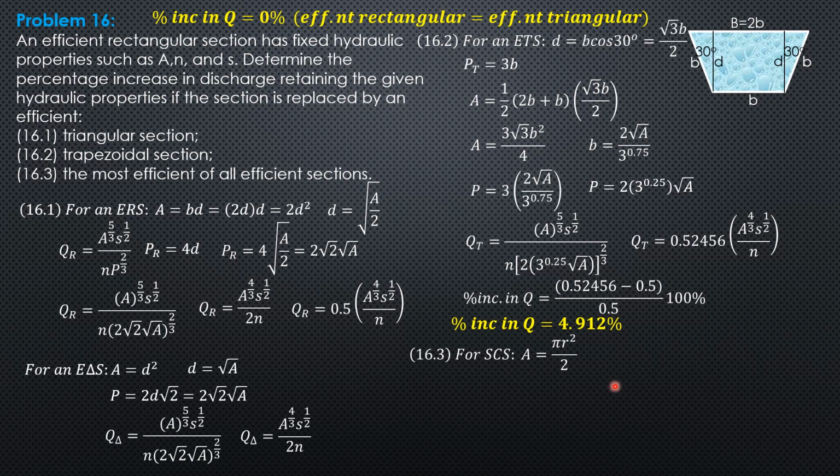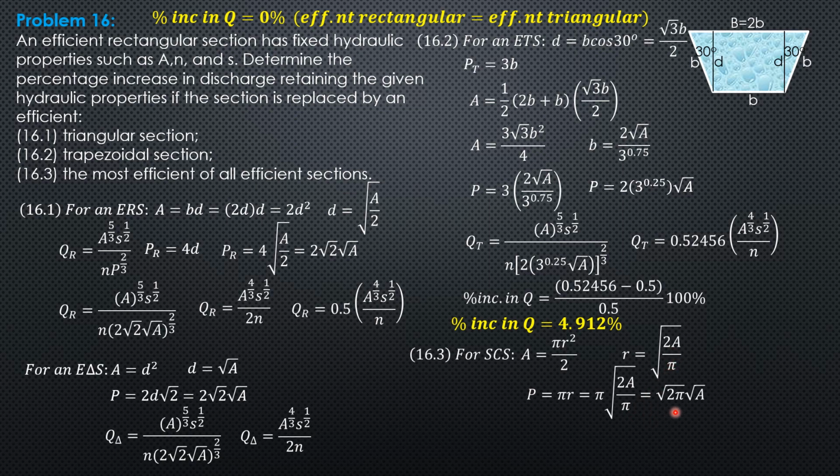And finally, for the most efficient section of all, which is semicircular, the area is pi r square over 2. So that means the radius is square root of 2A over pi. Then the perimeter is pi r, half circle. So pi r, and r is square root of 2A over pi.